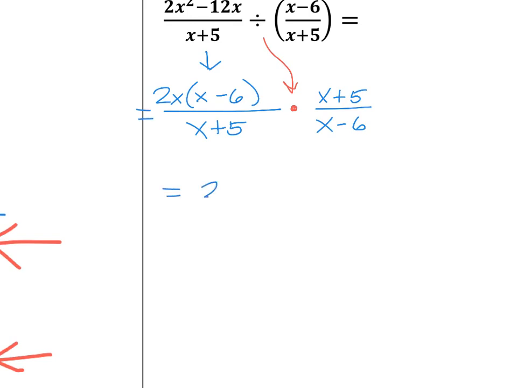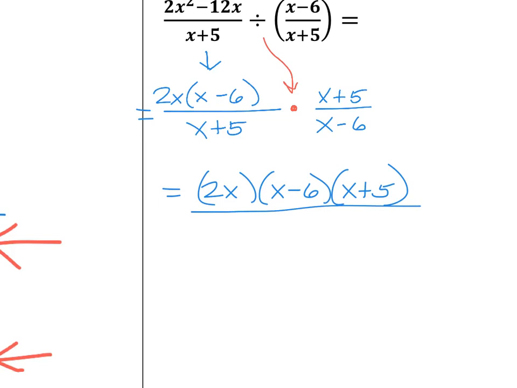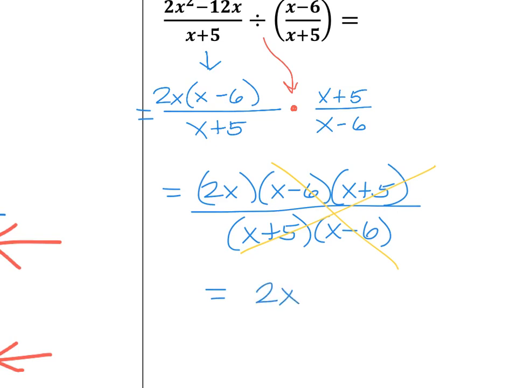So in the numerator I have 2x times x minus 6 times x plus 5, and in the denominator I have x plus 5 times x minus 6, and we could see that our x plus 5 reduced to 1, our x minus 6 reduced to 1, and this big complicated quotient of rational expressions reduces all the way down to 2x.